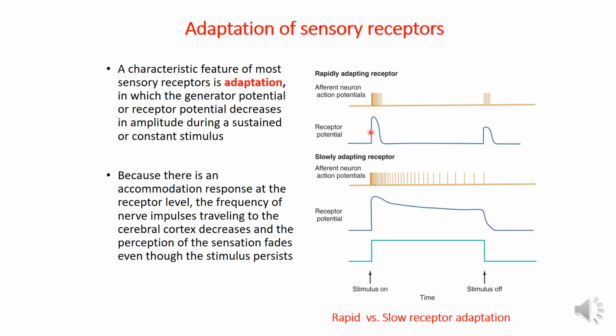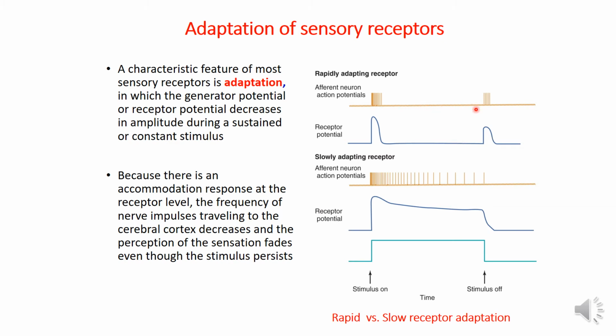And we have here stimulus on, stimulus off: the start of stimulation and the end of stimulation. Look here at the rapidly adapting receptors. When the stimulus comes, they discharge and make a receptor potential, and the afferent neuron generates an action potential. While the stimulus is continuous, the receptor shows no response, no receptor potential, and at the same time no action potential.